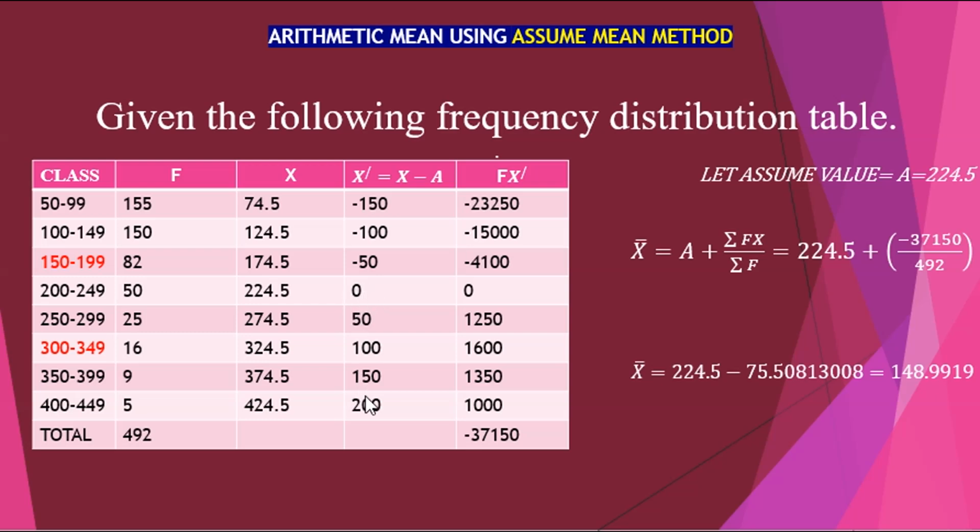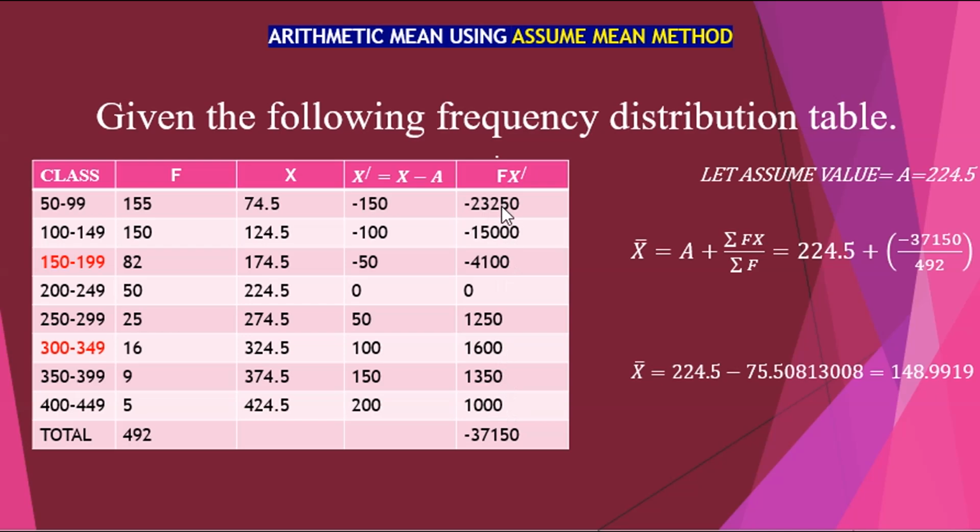This 224.5, which is the assumed mean, is going to be a constant value all throughout this deduction. Therefore, our x prime we now multiply with f, the frequency. That's how we got this value f times x prime. So minus 150 times 155, giving us minus 23250, and so to the last value 1000.